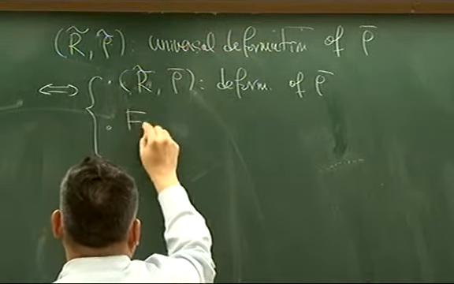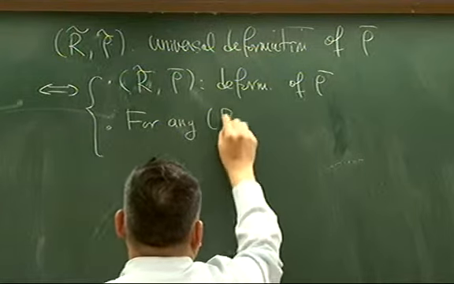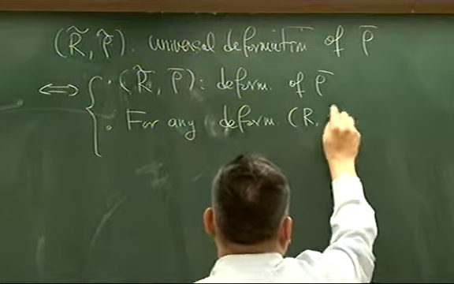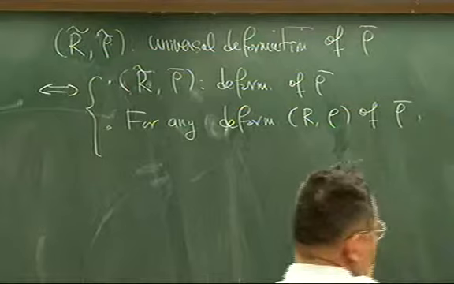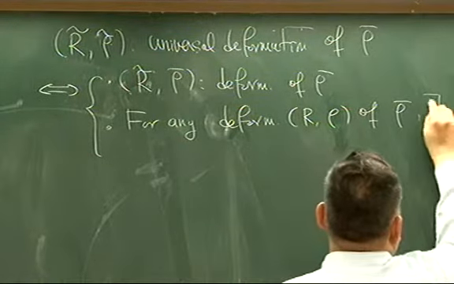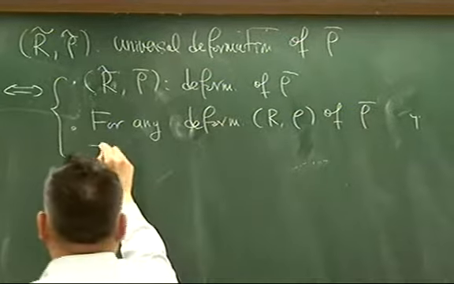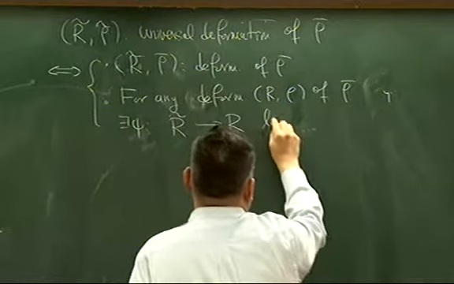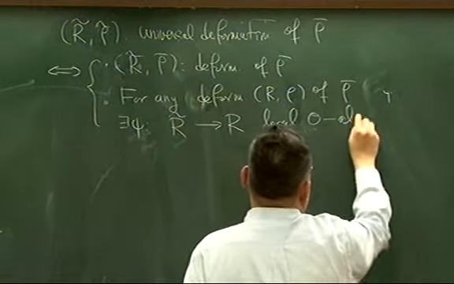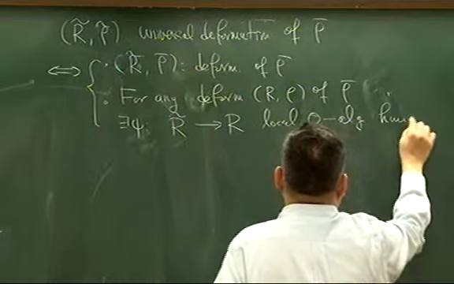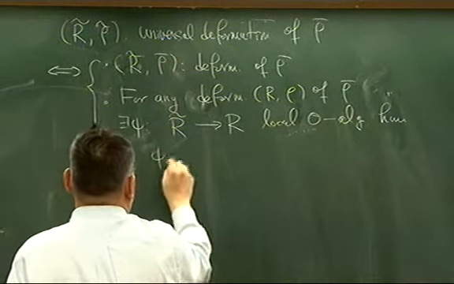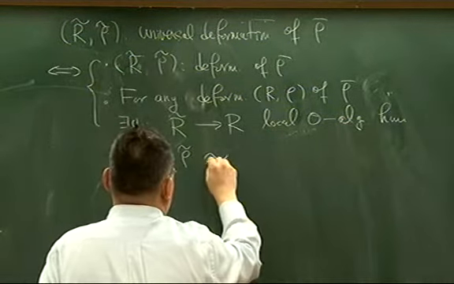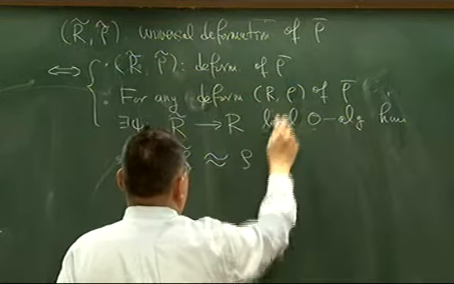So for any deformation rho of rho bar, there exists C, a local O-algebra homomorphism from R tilde to R, such that C composed with rho tilde is strictly equivalent to this rho.